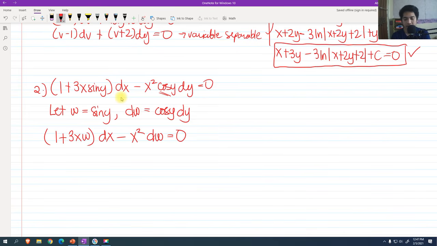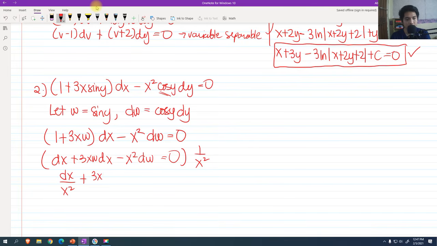So if we distribute dx, we have dx plus 3xw dx minus x squared dw equals 0. Now, if I divide this by 1 all over x squared, what will happen? We have dx all over x squared plus 3xw all over x squared dx minus dw equals 0.